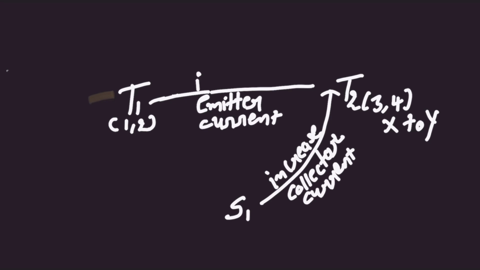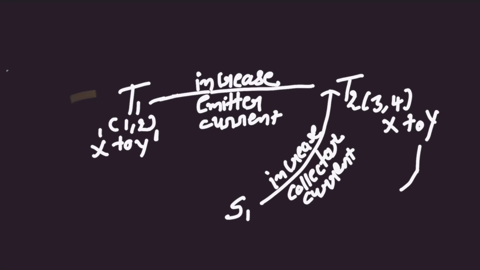Suppose we apply switch S for the first time, then collector current increases and flows through T2, where terminals 3 and 4 are there, and this current reaches from X to Y. And we know that there is a coupling of T2 and T1. So due to this coupling, T1 gives rise to emitter current, which is actually a feedback from output to input. And emitter current also increases from X dash to Y dash.